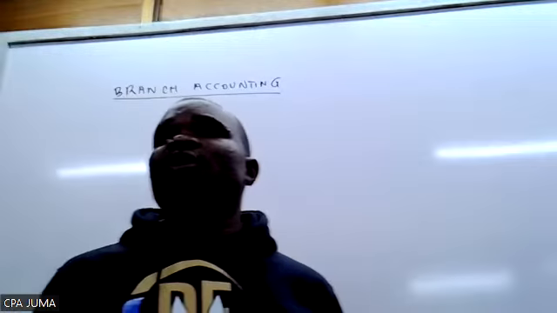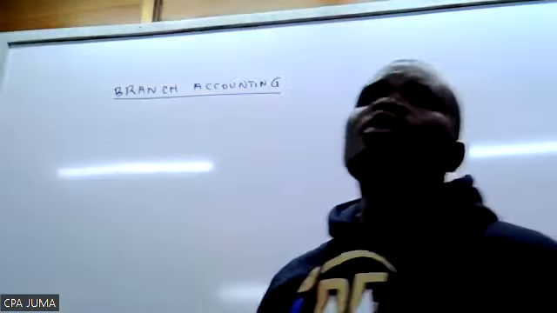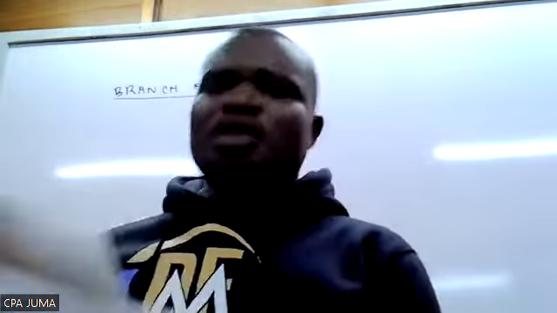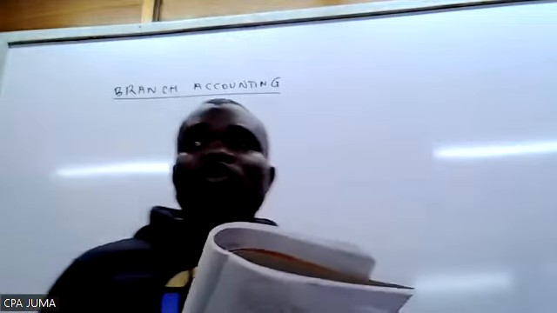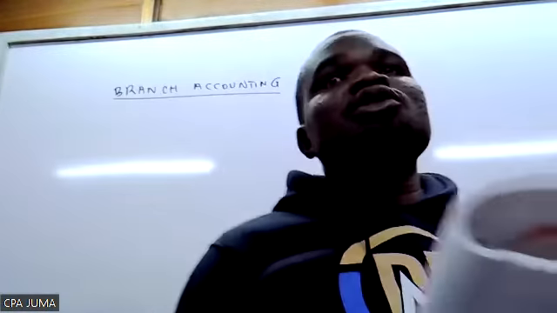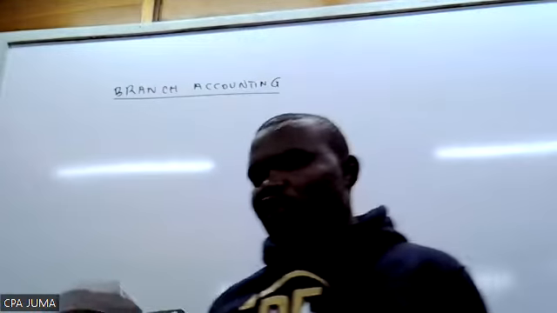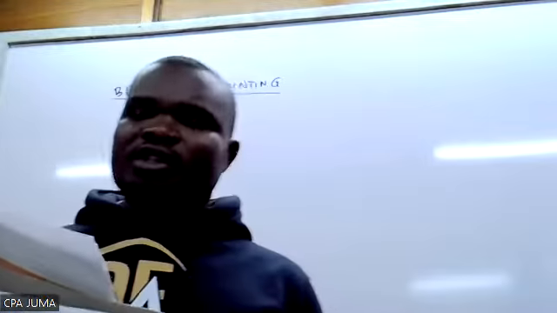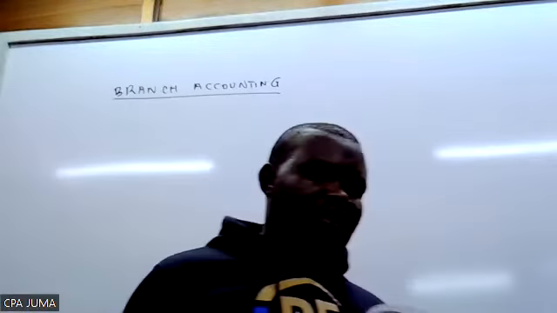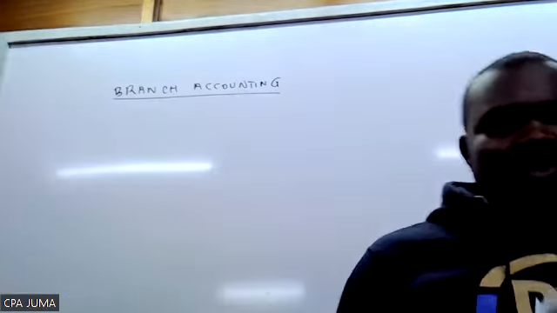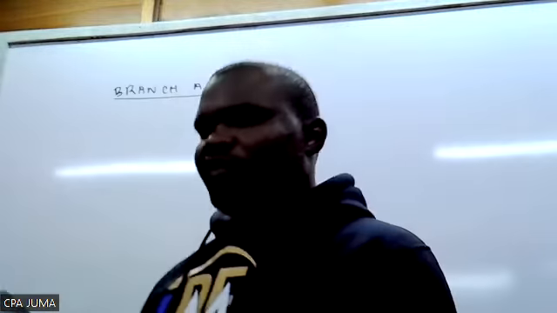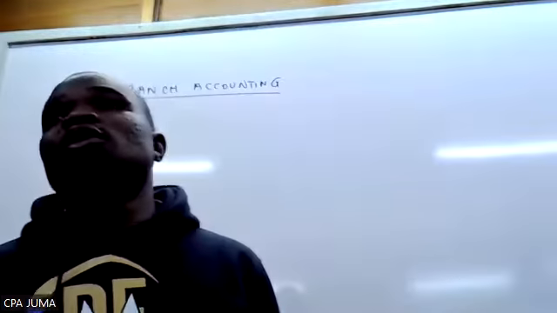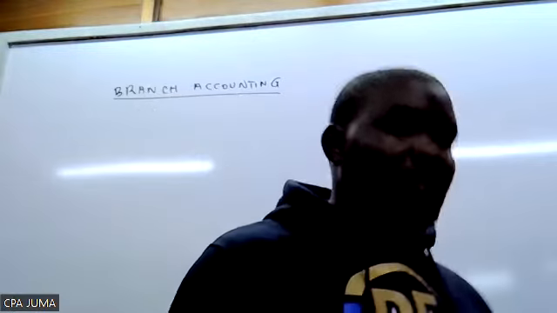You can be asked by the examiner to explain the advantages of accounting for branches, or the reasons. So one, to evaluate the performance of each branch, to enhance transparency and accountability in the branches, for resource allocation to different branches, and for key decision making.